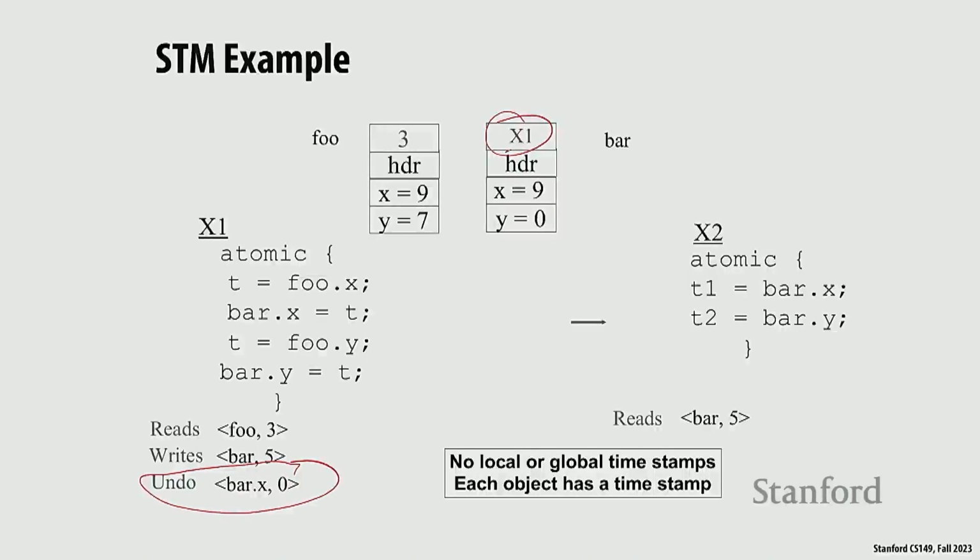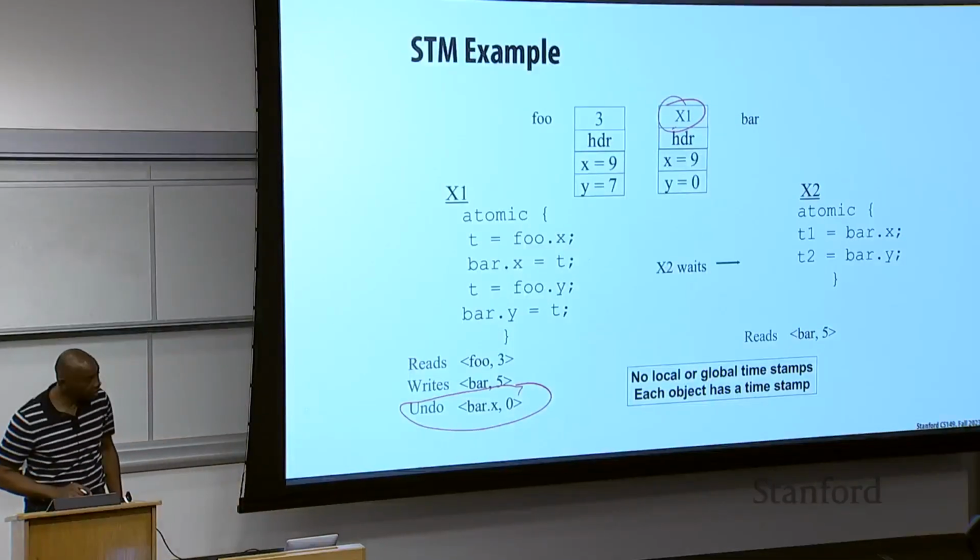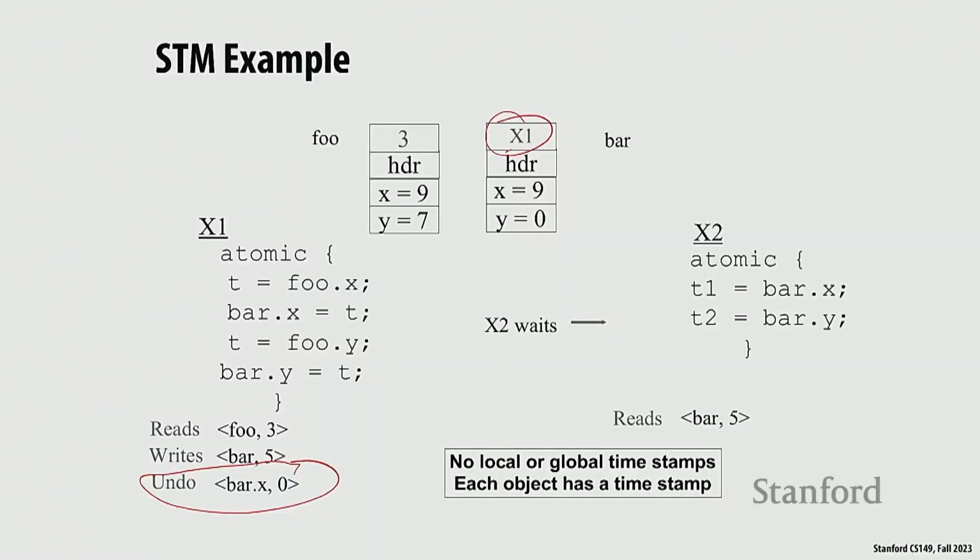Yeah, so maybe it's going to see that bar is locked, right? So as it tries to do the validate for the read of bar, it's going to say, the object is locked, and so let's assume that we just wait, we stall. Okay? So X2 waits.